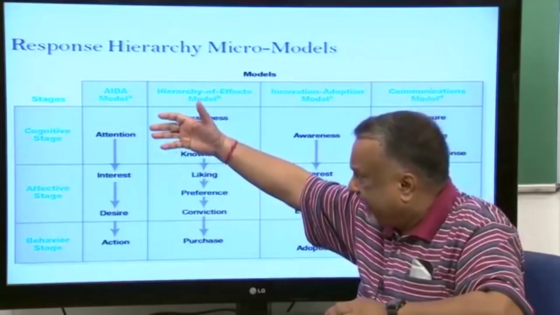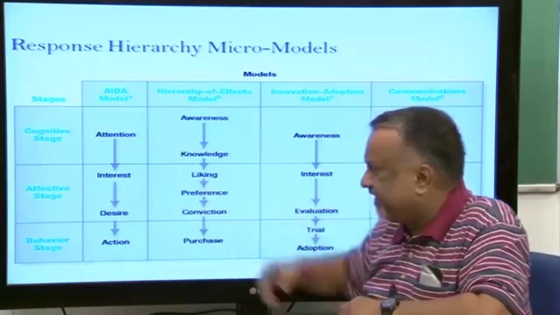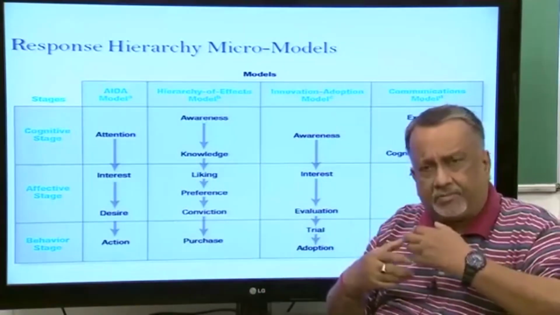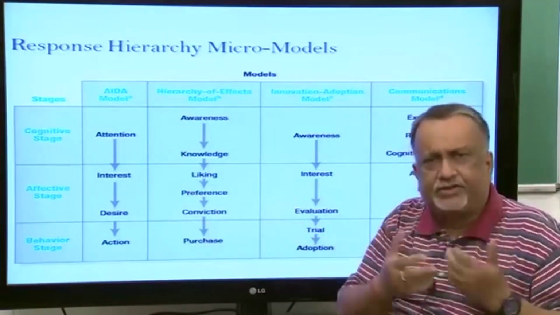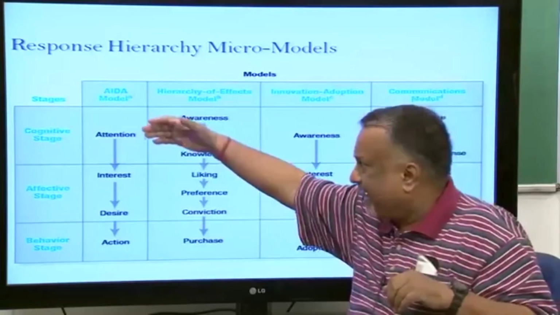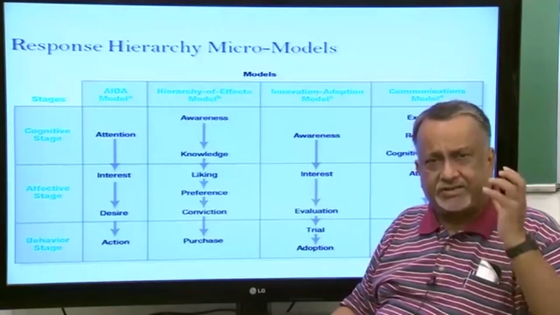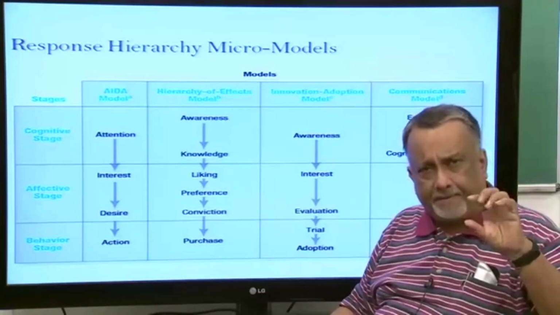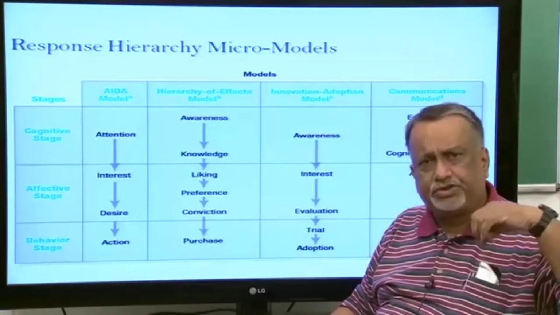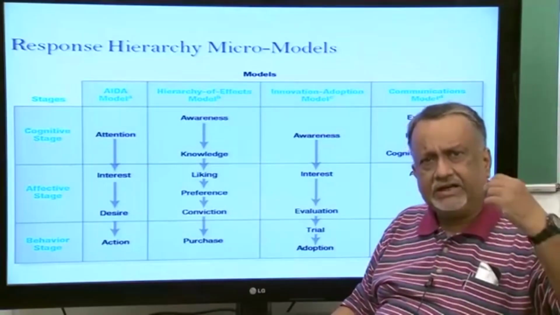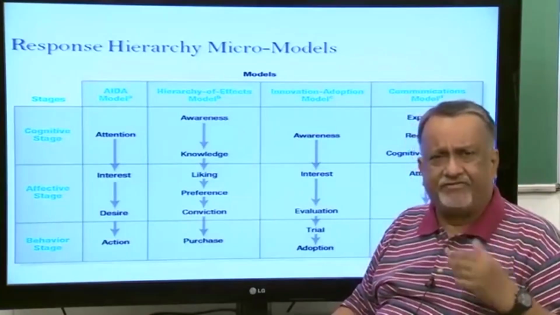But it also is interpreted, and this is the affective stage, where interest and desire are created through perceptions. So, at this stage, to draw attention, we often use facts, we often use science, we often use technical terms, we often use certain kilometers per liter or all that kind of information.